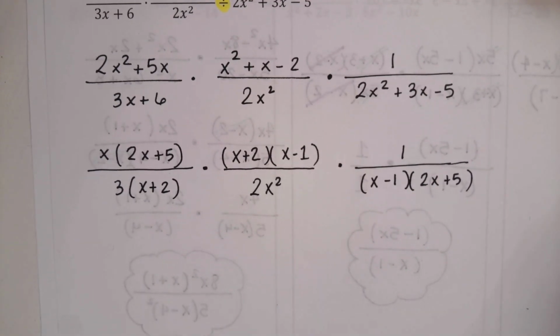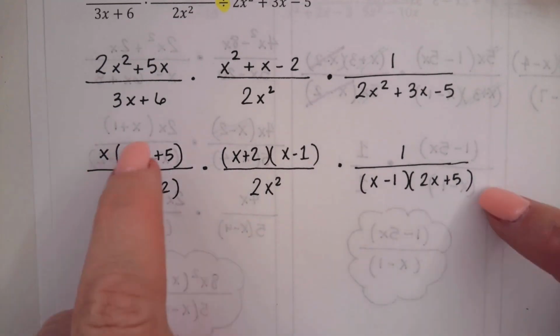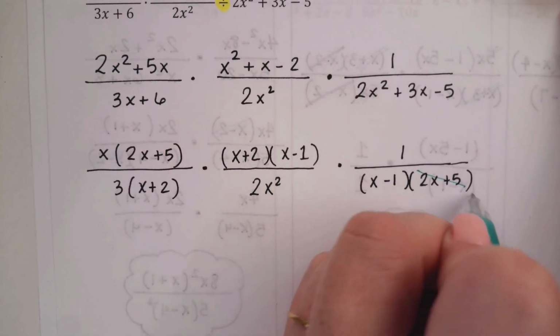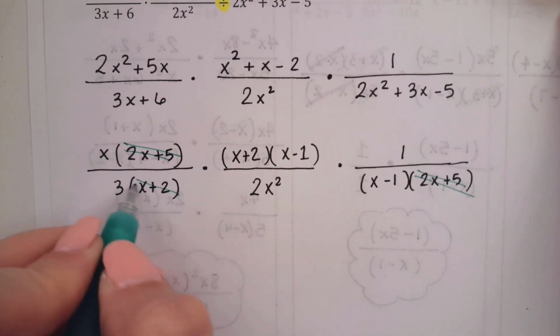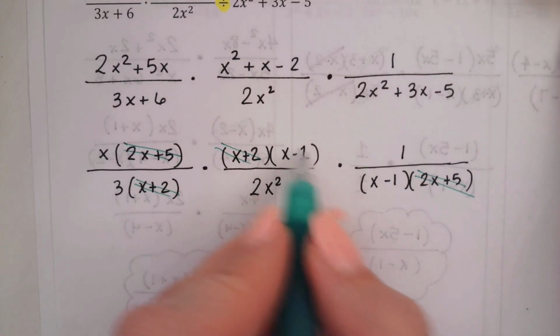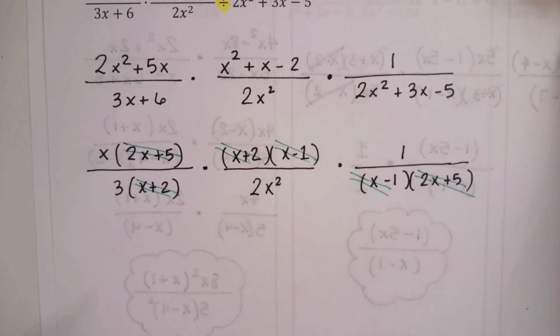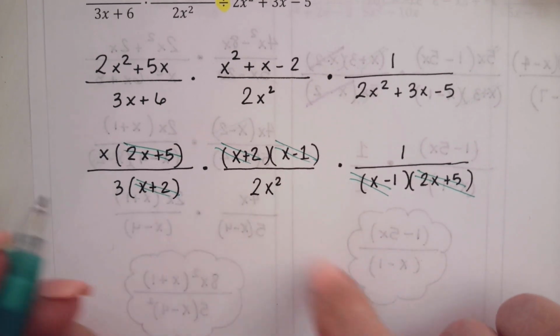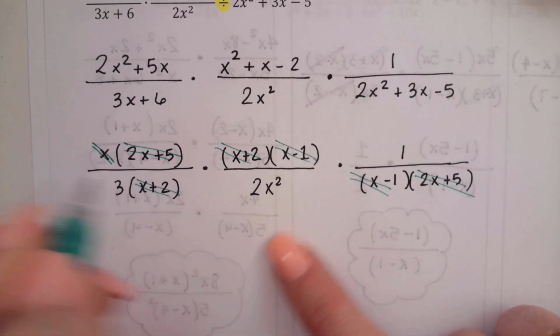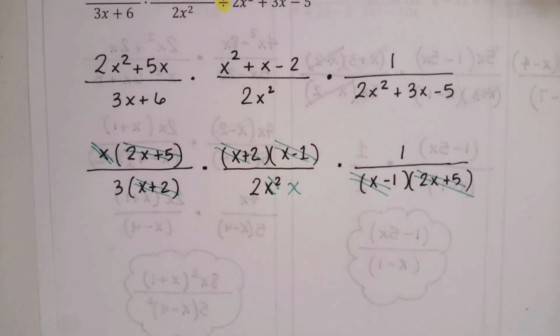What can cancel? The 2x plus 5s, that's on the first and the third. The x plus 2, that's on the first and the second. The x minus 1, that's on the second and the third. Yep, you can get rid of an x from the 2x squared, so like this x and one of these.